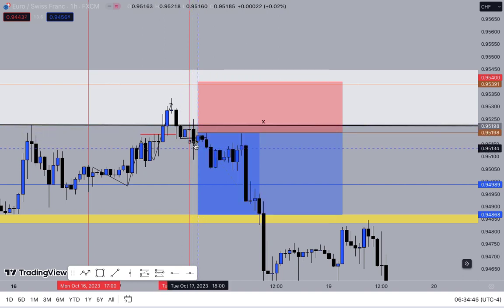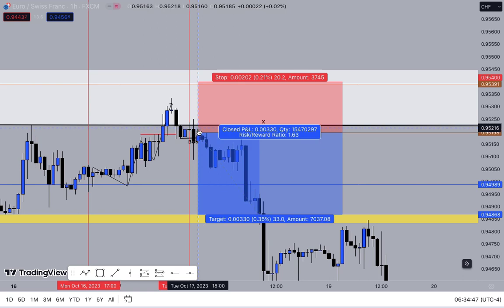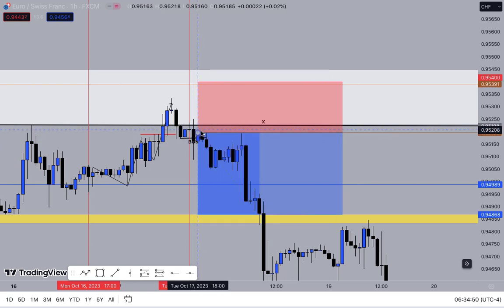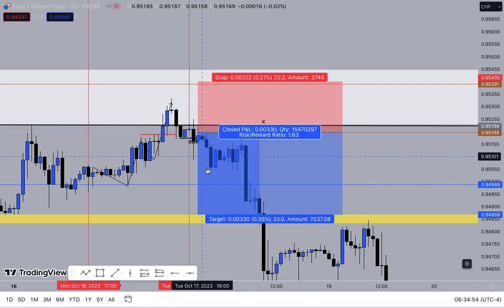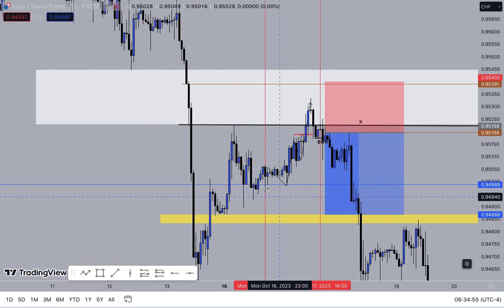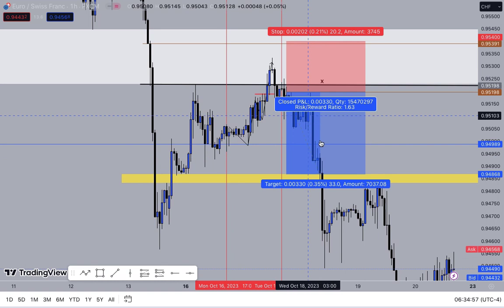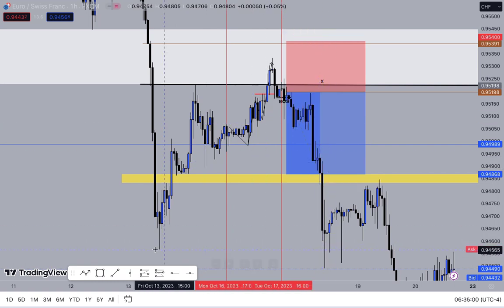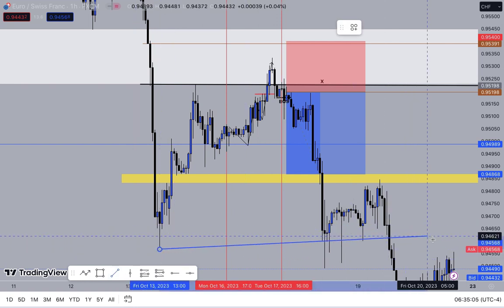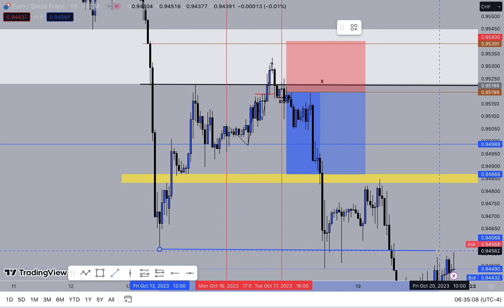So I waited, price came back and tapped me in. I had my sell limits here, tapped me in here. Although this was not the full profit, the full profit was down here at this low, and we are targeting lower, I decided to cut it off here.